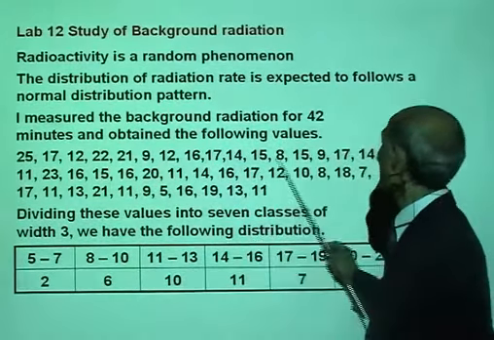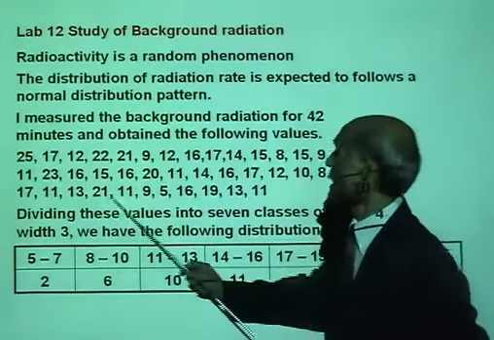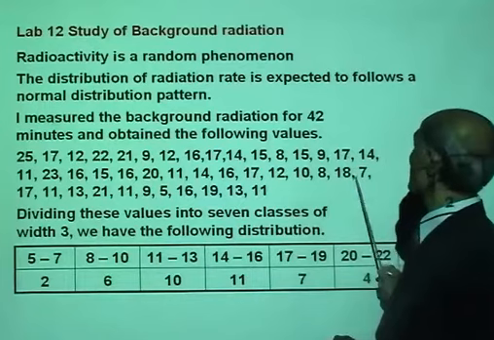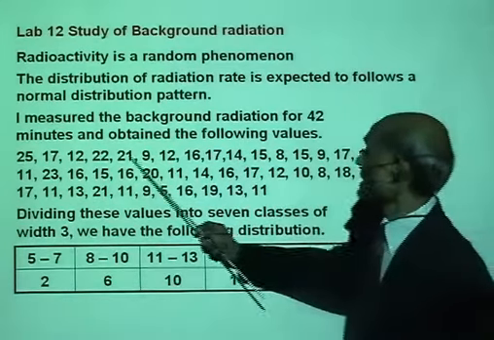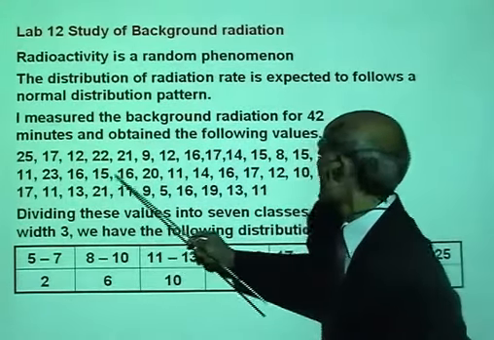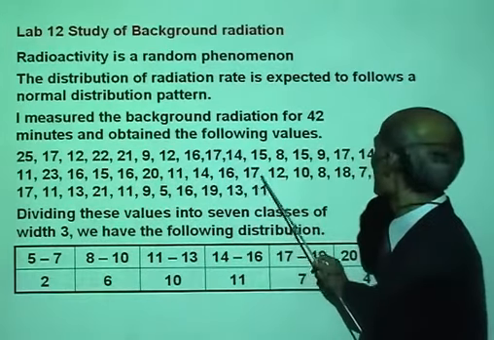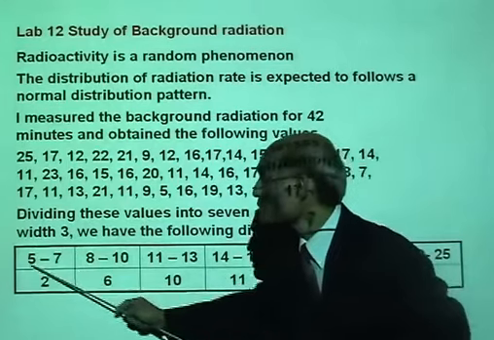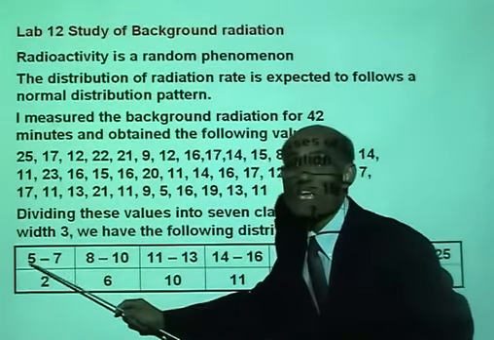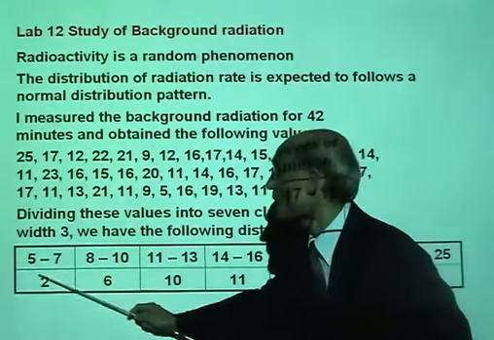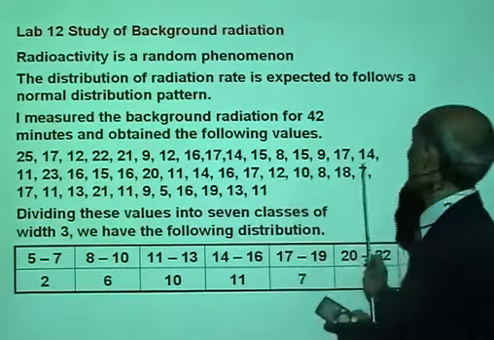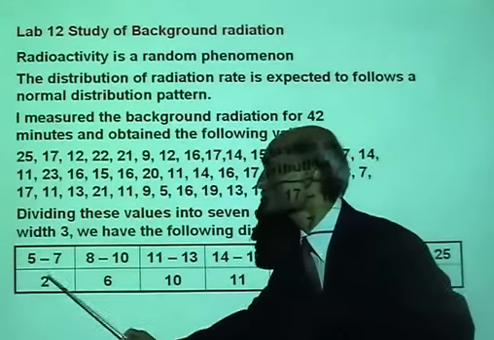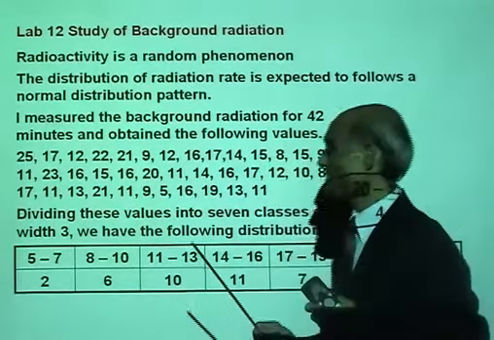If you look in here, there is a 7. Is there anything else in that class? Yeah, there's a 5. So how many 5 to 7 are there? There are just 2. There is a 7 here and there is a 5 there. So from 5 to 7 there are 2 values.